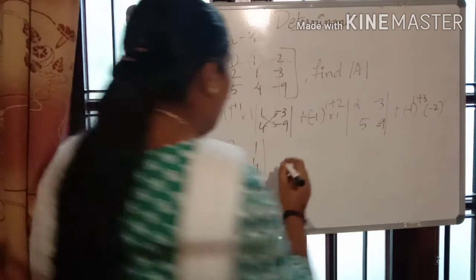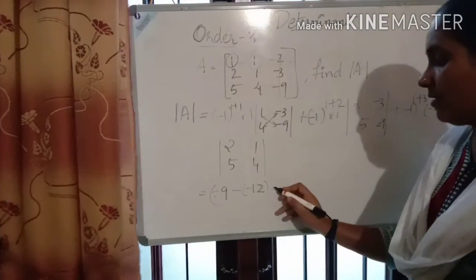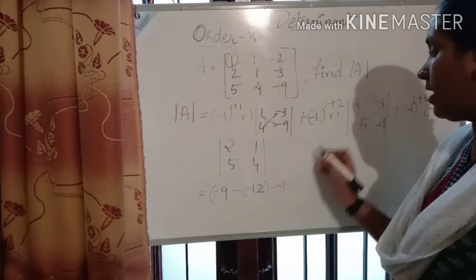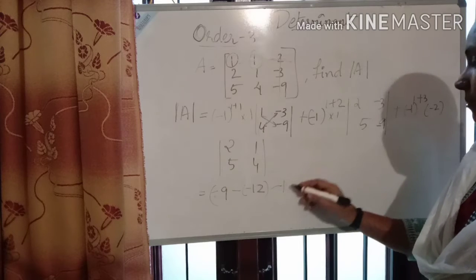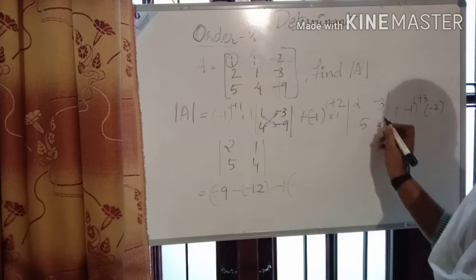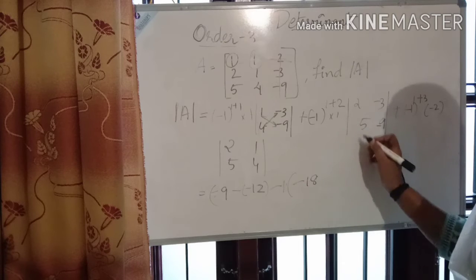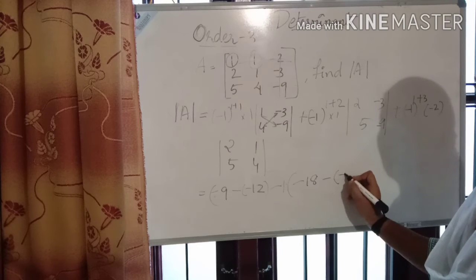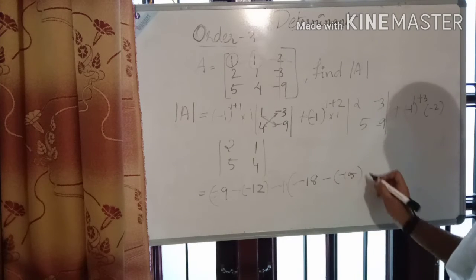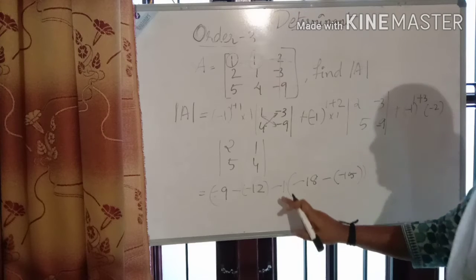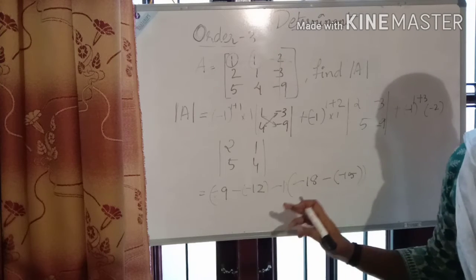Here minus 1 into 1 is minus 1. 2 into minus 9 is minus 18. Minus 3 into 5 is minus 15. All clear?